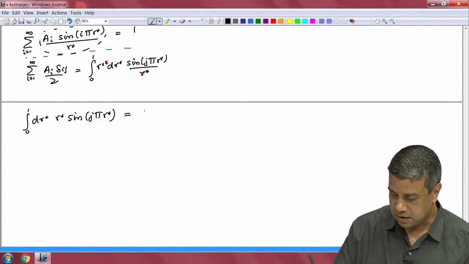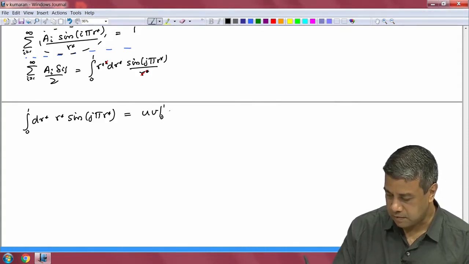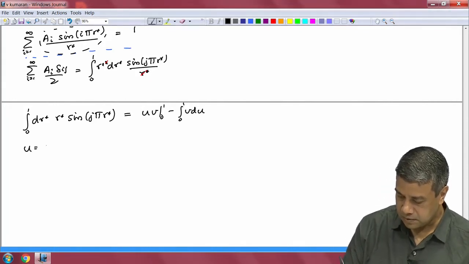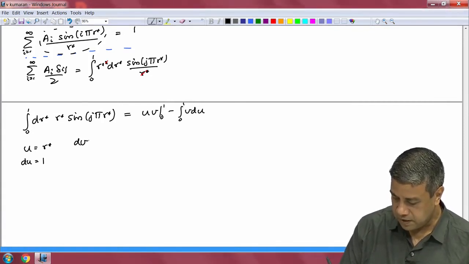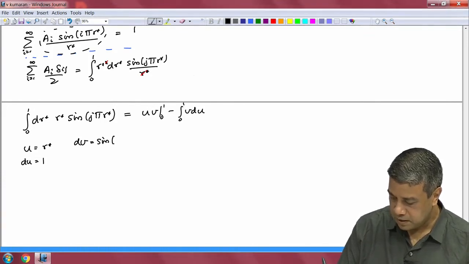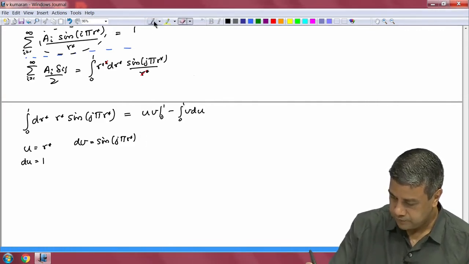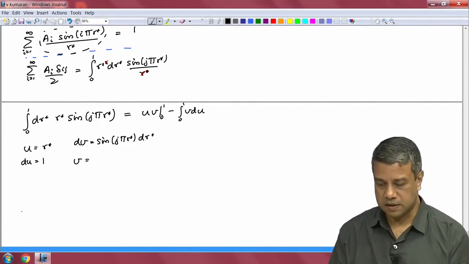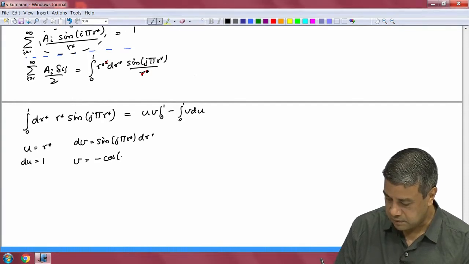I write this as uv between 0 to 1 minus integral of v du, where u is equal to R, du is equal to dr, dv is equal to sine j pi R dr, and v is equal to the integral of this. The integral of this is minus cos of j pi R by j pi.